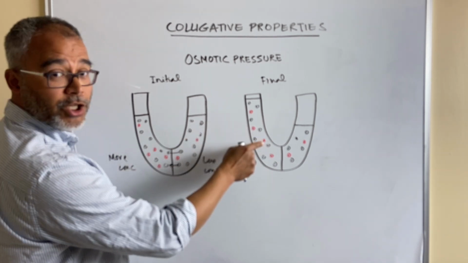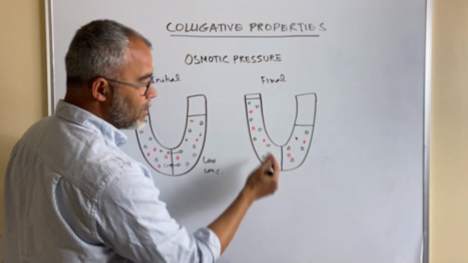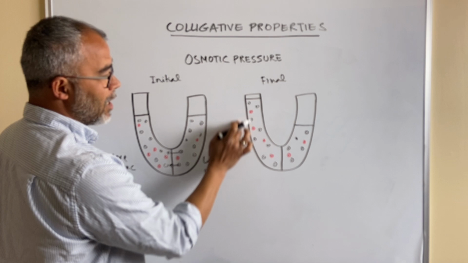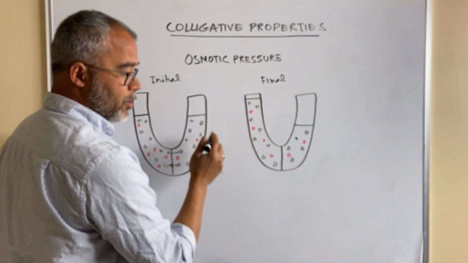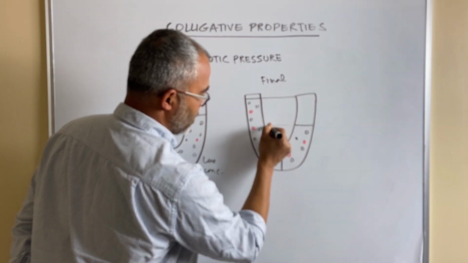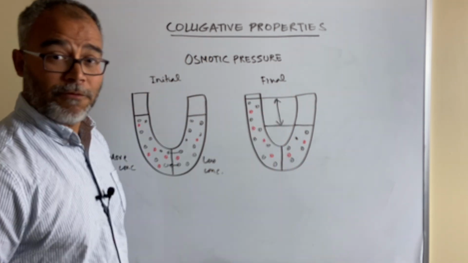So if you direct your attention to this tube out here, now the concentration is the same on both sides. And as you can see, as a result of the solvent molecules passing through, the level actually went up here and the level went down here. Okay, so the difference in level, they kind of draw a line from here to here. There's a difference in level created.